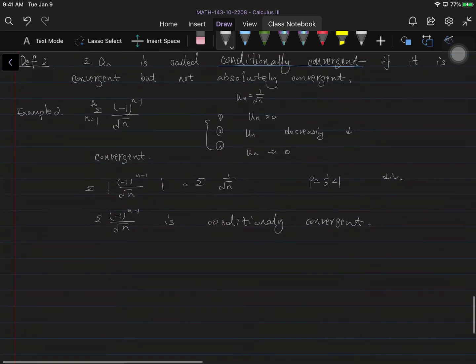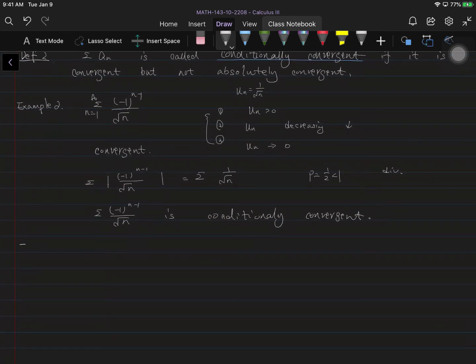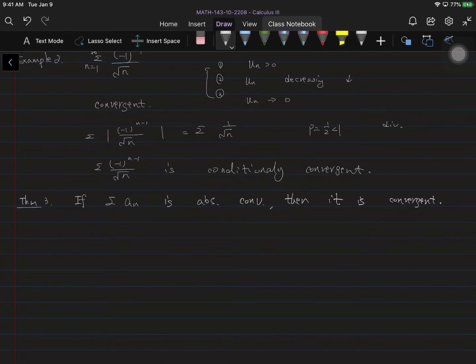Let's take a look at the next theorem. If the series is absolutely convergent, then it is convergent. We skip the proof. The proof uses the comparison test.